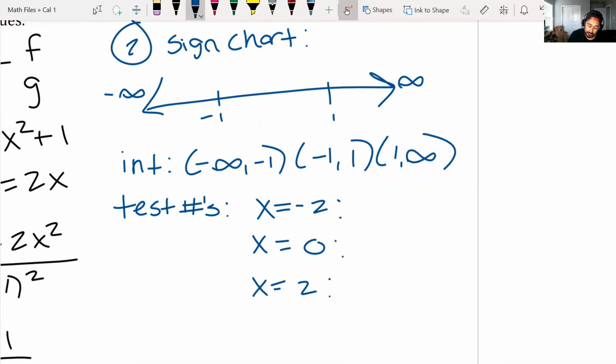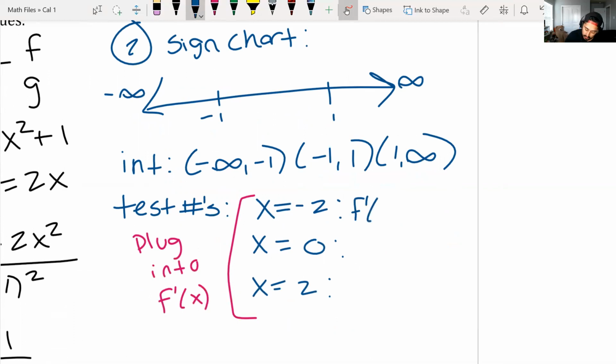Remember, we're plugging these numbers into f prime. So f prime of negative 2, f prime of 0, f prime of 2. Let me go look at my derivative.